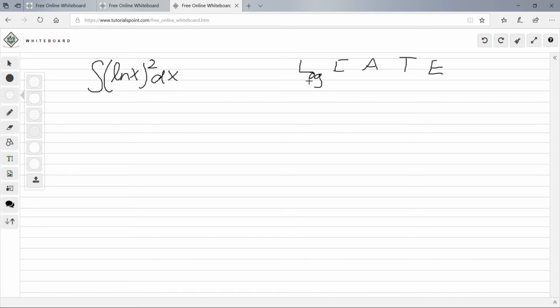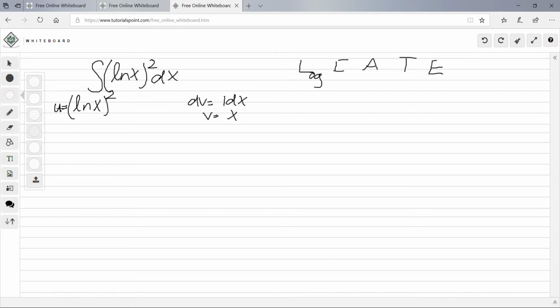So our u is going to be this whole thing, ln x squared, and then our dv is just the regular 1 dx, or you could just call it dx, it's the same thing. Take the integral dx, which is just regular x.